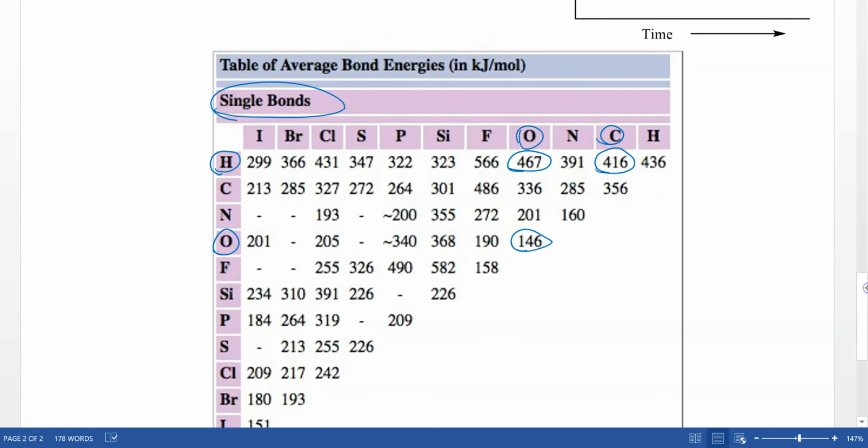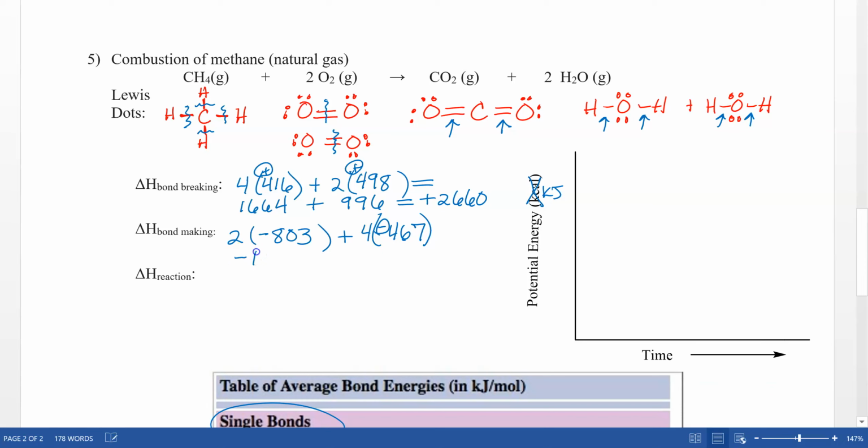Oops, I forgot my negative, so let me get that in there. We definitely need the negative. When you calculate, I got negative 1606 here, and I got negative 1868 here, giving me a total of negative 3474, all in kilojoules. We're now going to add up the 2.